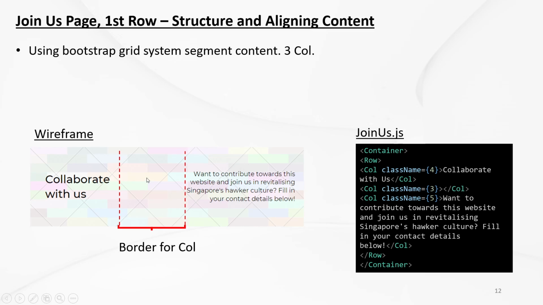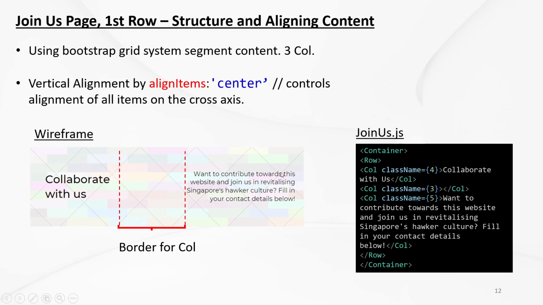The code on the right shows how we do that, in the proportion of 4, 3, 5. And after sectioning, we want to ensure that the content is vertically aligned in the center. We do that by setting the CSS property align-items to center.